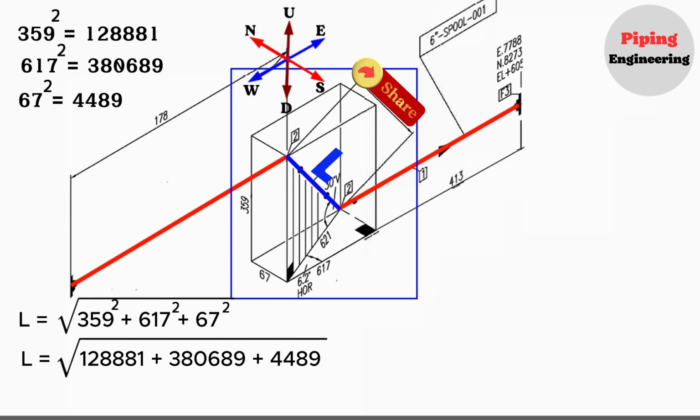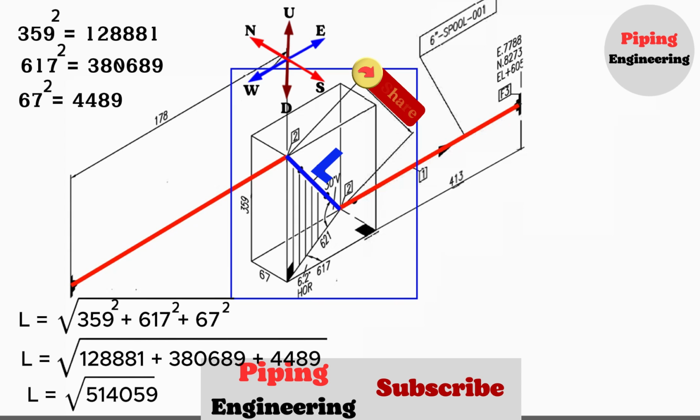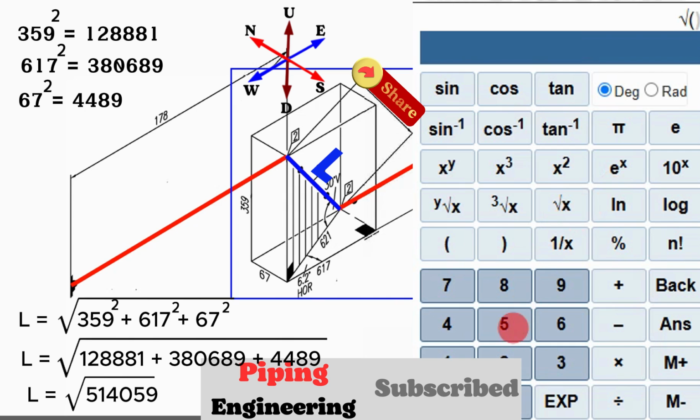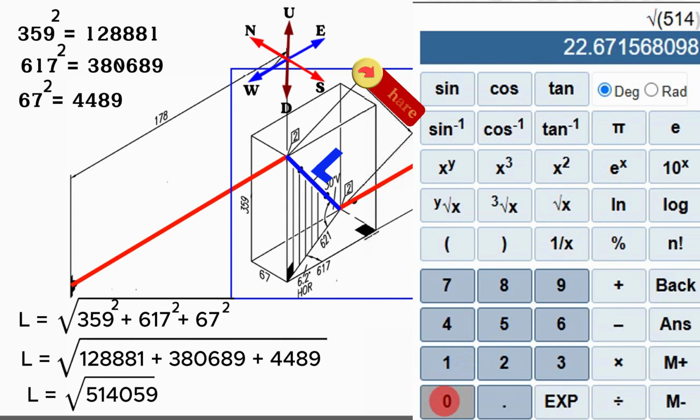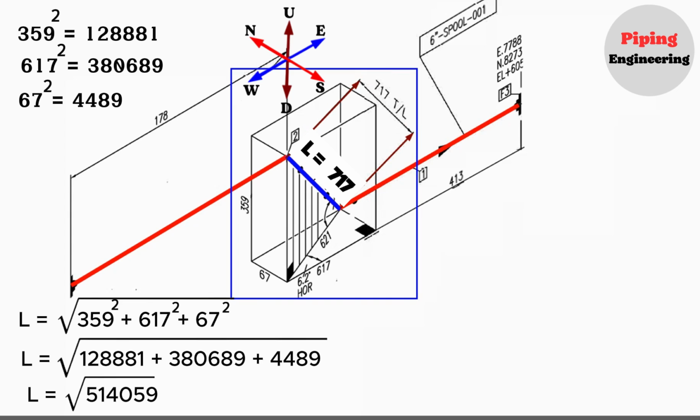So, in our formula, the pipe section travel length L will be equal to the square root of 514,059. At last, again using the calculator, we find that the square root of 514,059 is approximately 717. Thus, the length of this pipe section as depicted in the piping isometric drawing is correct.